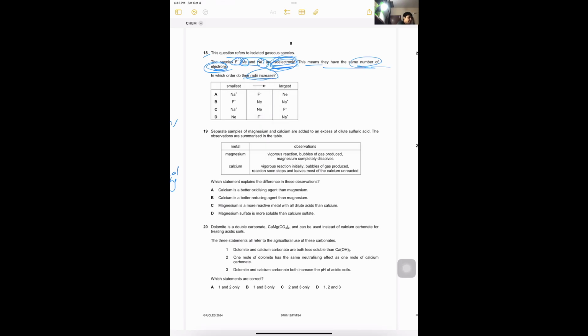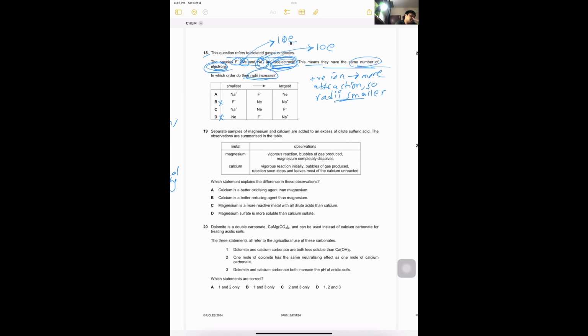So a positive ion has more attraction, so the radii is smaller, so it should start with Na plus. By our periodic table here we know that Na plus has 10 electrons, and neon is also 10 electrons, but since the positive ion has more attraction, the radii is smaller, so we'll start with Na plus.